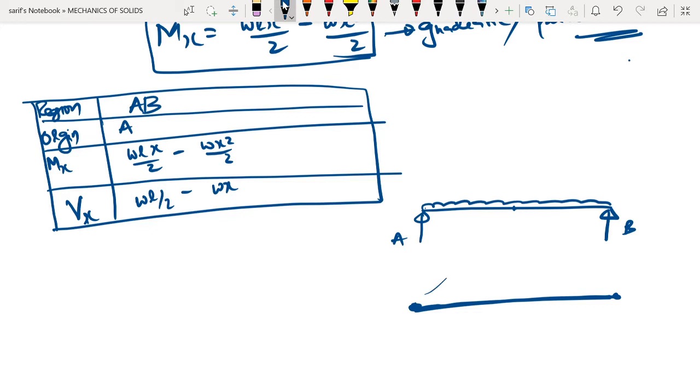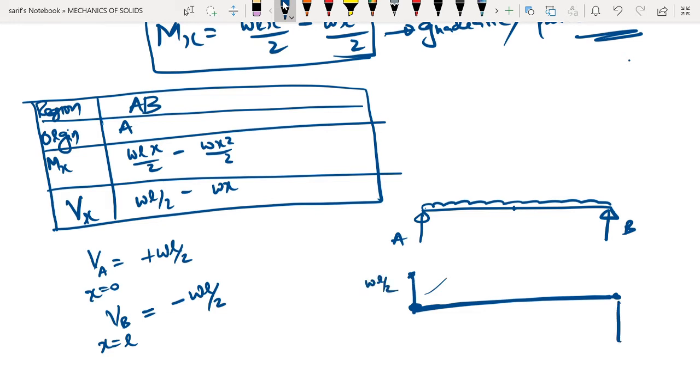So we will calculate the shear force at A. The origin is starting at A, x is equal to 0. If you substitute, we will get plus wL by 2. And if you want to find the shear force at B, you replace x is equal to L. Substituting in the equation, you will get minus wL by 2, so we will draw it in the downward direction.